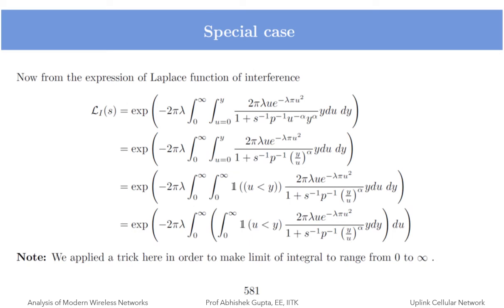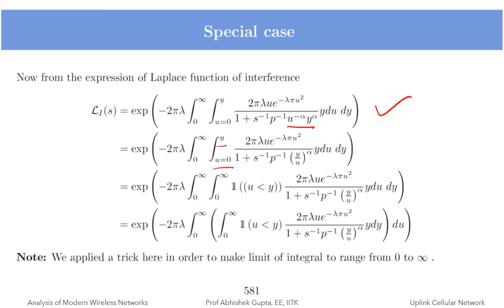So now let's compute the Laplace transform for epsilon equal to 1. We start from the original expression and just put epsilon equal to 1. This is the one you will get. Now to further solve it, I first notice that this is u to the power minus alpha y to the power alpha, so this can be written as y by u to the power alpha. Now I notice the limit is from 0 to y.